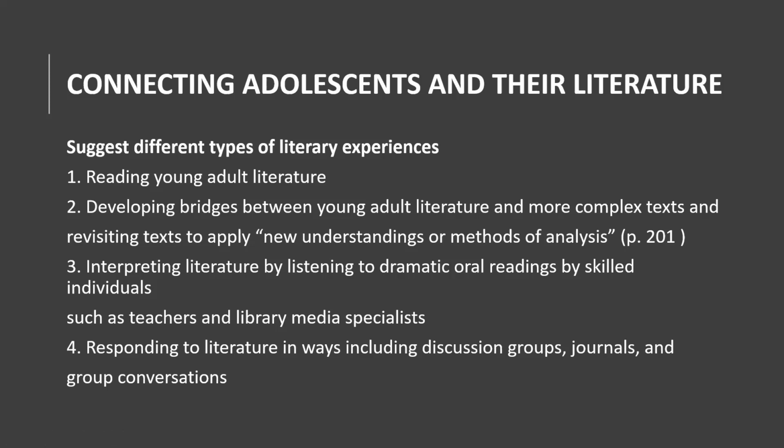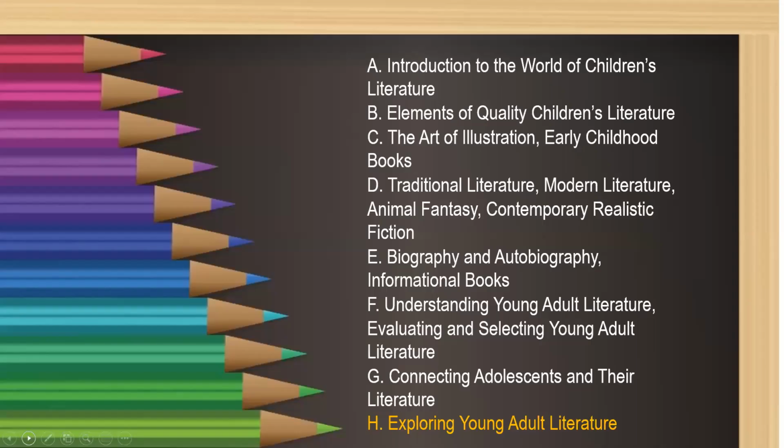So they are not alone in engaging themselves to the literature. They will be grouped with others, and they may relate with each other as they discuss the story and the experiences of the character in the story na makaka-relate sila. Okay? And that is connecting adolescents and their literature.